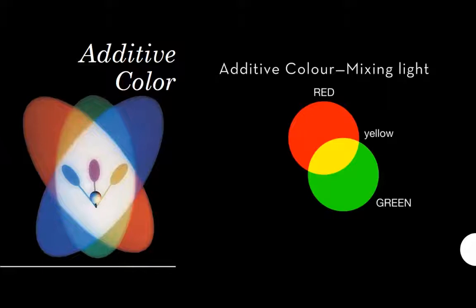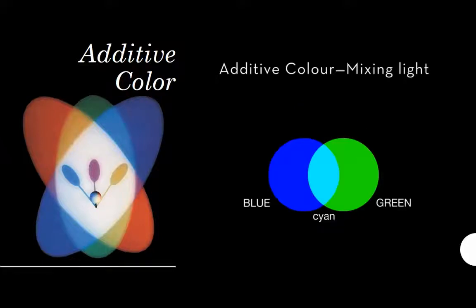Red light plus green light produces yellow light. Yellow is a secondary additive color. When the blue and the green cones are both stimulated, we see cyan. Blue light plus green light produces cyan light, and cyan is a secondary additive color.